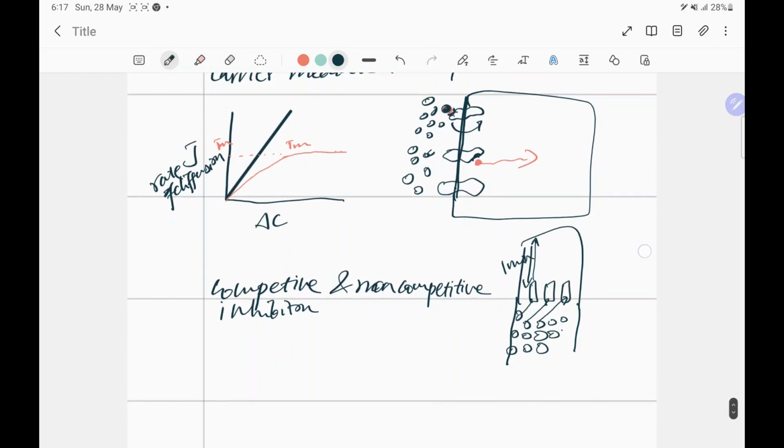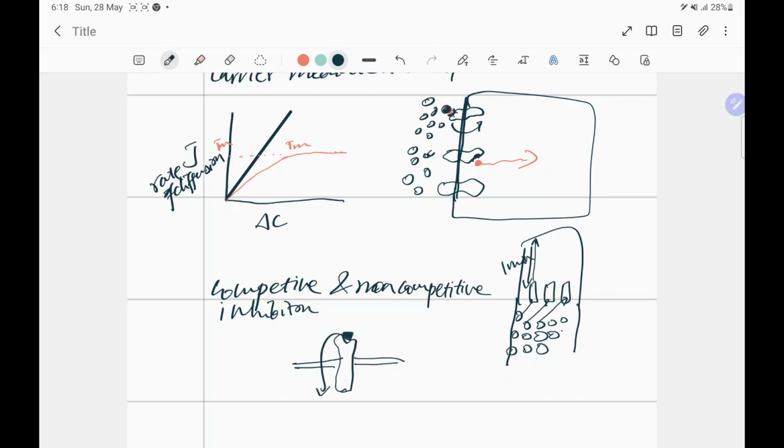Competitive inhibition is where, let's say you have this carrier protein. It's got a binding site for a certain molecule, and this molecule I'm going to shade in black. It has to take the substance from one side of the membrane to the other, so it's supposed to flip and take this to the other side.